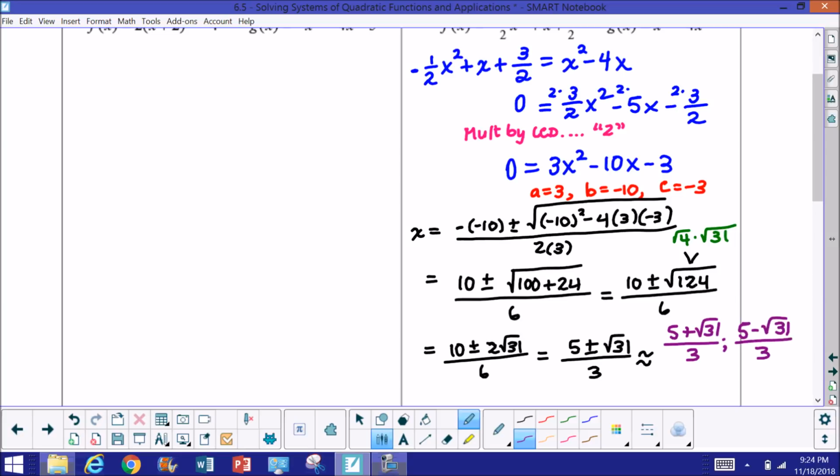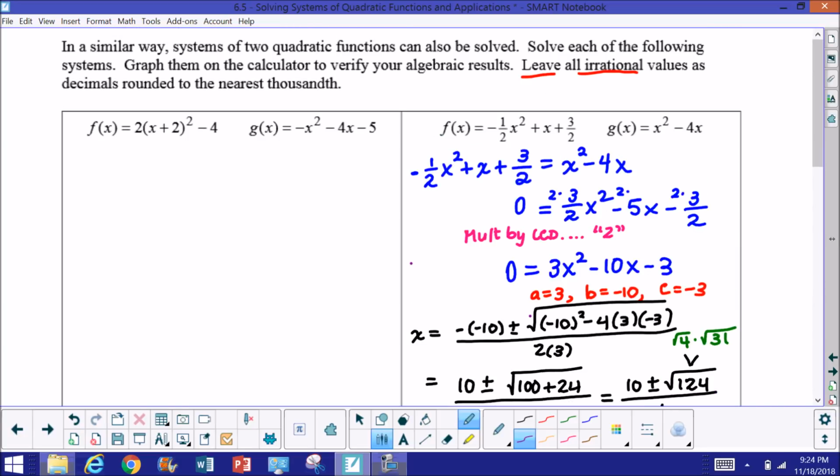Depending on the calculator model that you are using, make sure that the entire numerator is divided by 3. You can do that by using parentheses around the numerator, or some calculators have a built-in fraction key, which is awful nice in order to make sure that you get these problems correct. You would round that to 3 decimal places, and then continue to use your calculator to plug those 2 decimals into either of these 2 equations, whichever one you want.